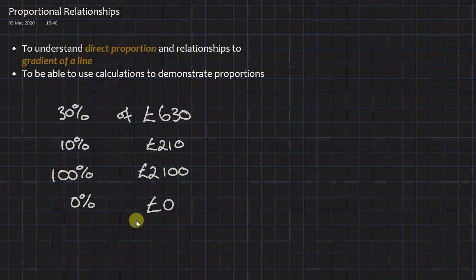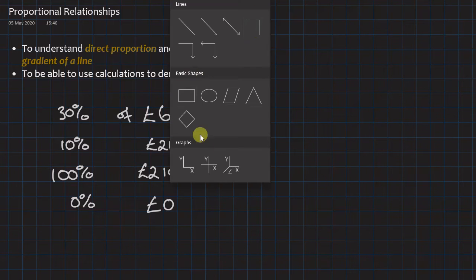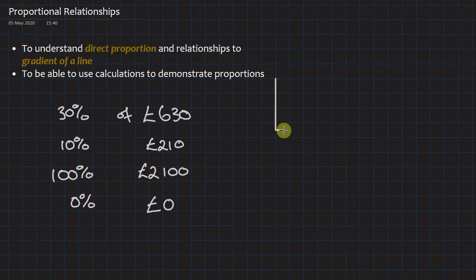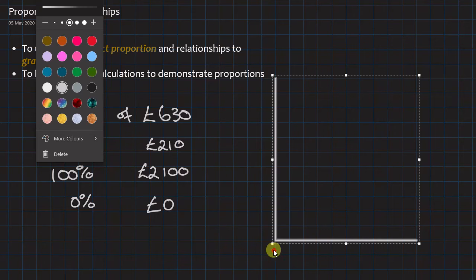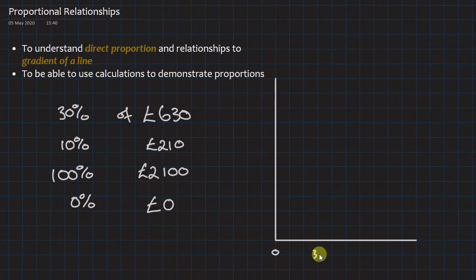Now, the beauty with proportions is if I was to look at them as a graph, I put in 0, 30, 60, 90, and that's my percentage, and I put my money going up the side, let's say about 500, 1,000, 1,500.